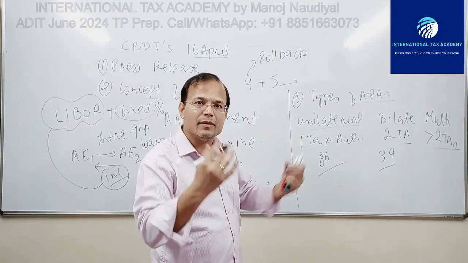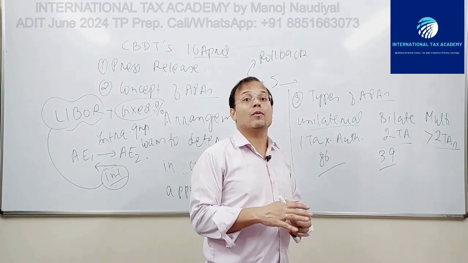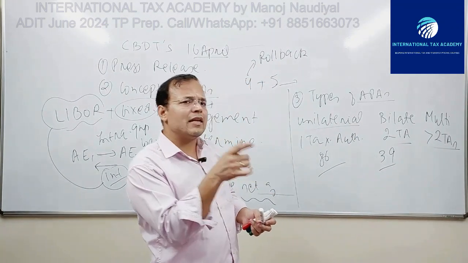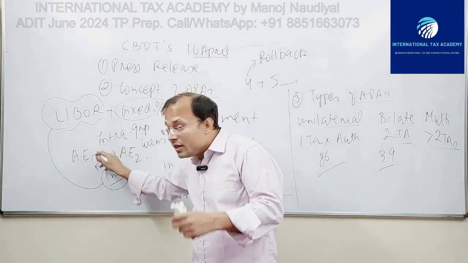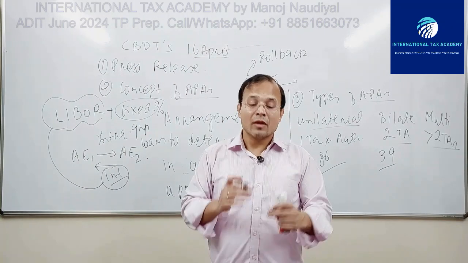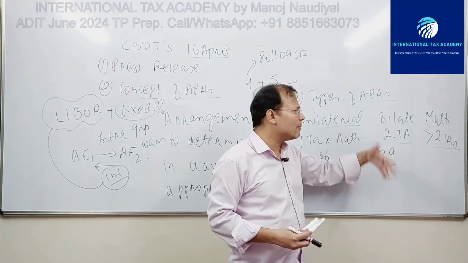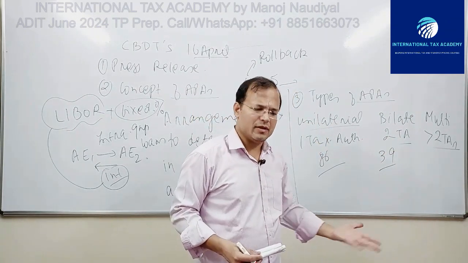So types of APAs: unilateral, bilateral, multilateral, depending upon the number of tax jurisdictions or tax authorities involved. And these would be the tax jurisdictions which are involved in the controlled transactions, right? Naturally, the efficacy of having a bilateral APA and multilateral APA is higher compared to unilateral APAs, right?